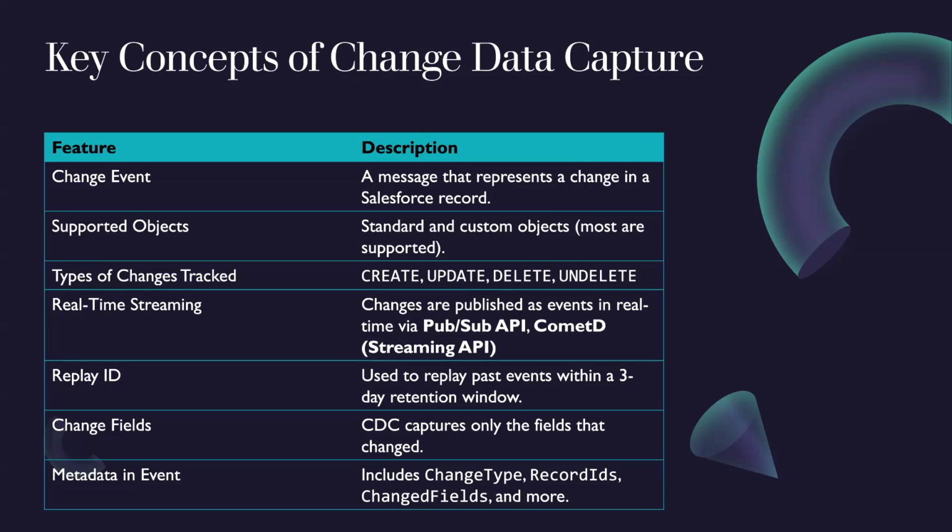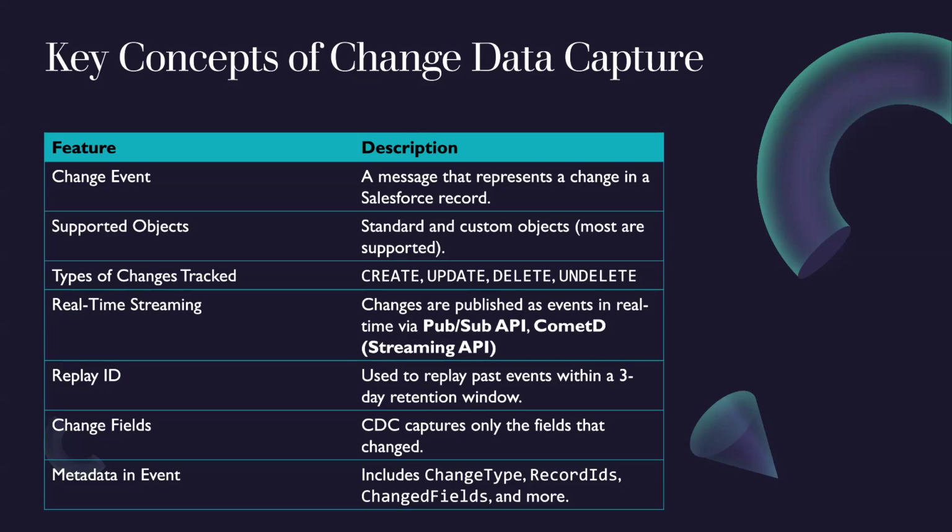In case of create, it covers all the fields which were saved, and in case of delete and undelete, it covers the record ID of that particular record which was deleted or undeleted, and it just notifies the other application that this particular record was deleted or undeleted.